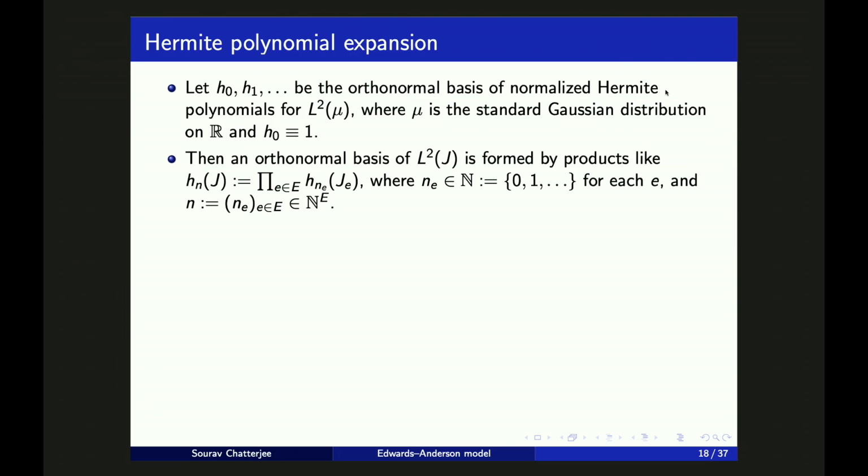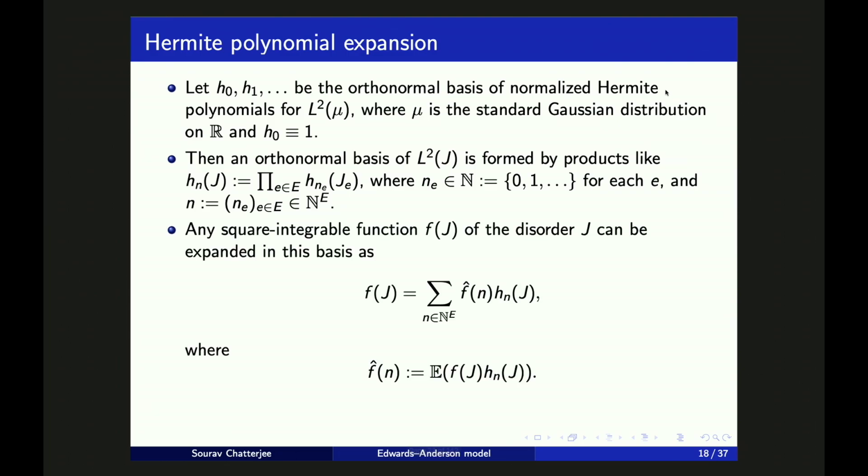So any L2 function, any square integrable function of the disorder J, all these couplings, can be written as a sum over all these indices of f hat of n, where f hat is the Fourier coefficient, defined like this, times this multivariate Hermite polynomial. And of course, the coefficient is given by the inner product, just like in any Hilbert space, the inner product of the function and the basis element. So you have this expansion.